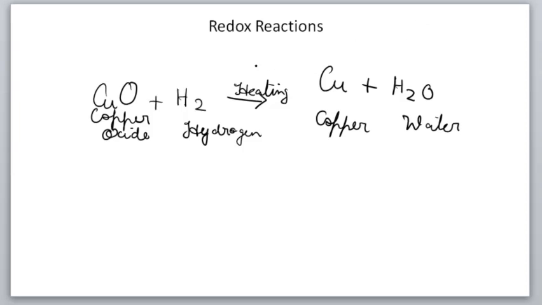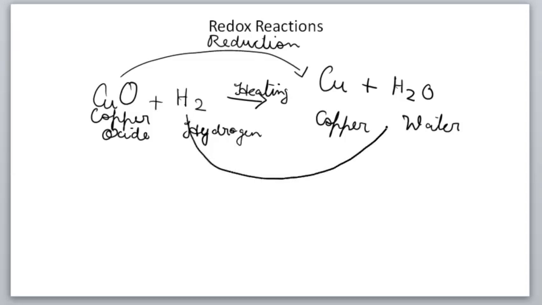So in this reaction, copper is being reduced, which is oxygen is removed from copper. So reduction takes place and hydrogen is being oxidized, which is oxygen is added to hydrogen. So that is oxidation happening there. So hydrogen is oxidized and copper is being reduced.